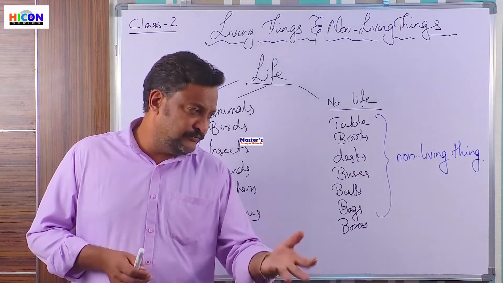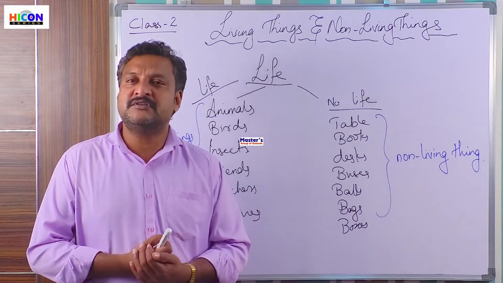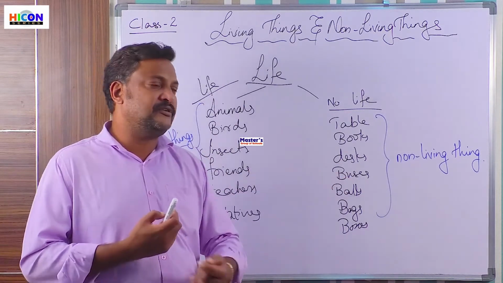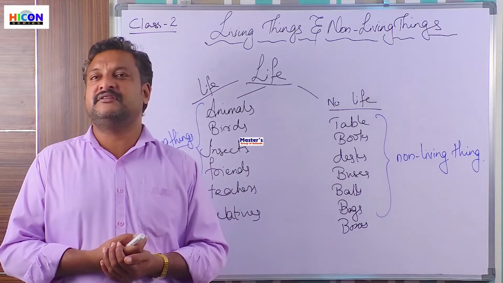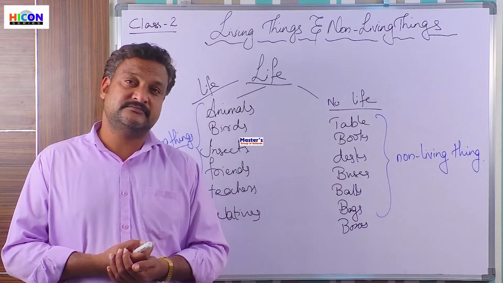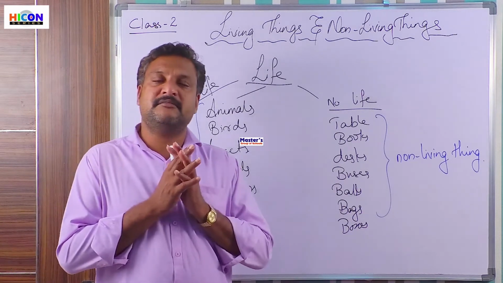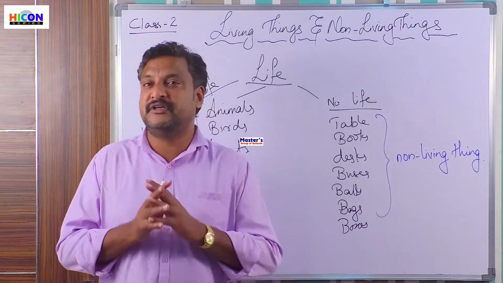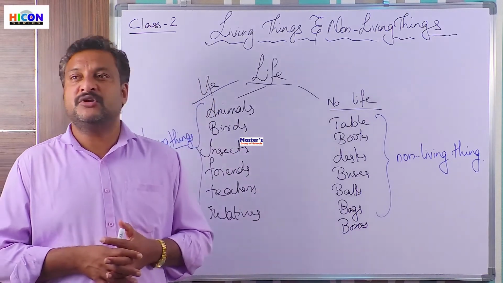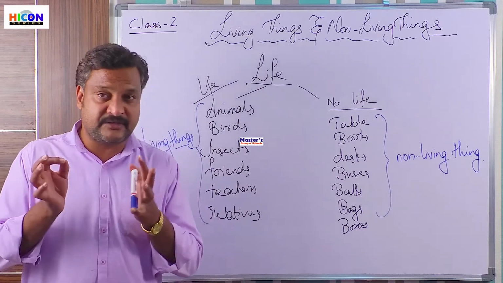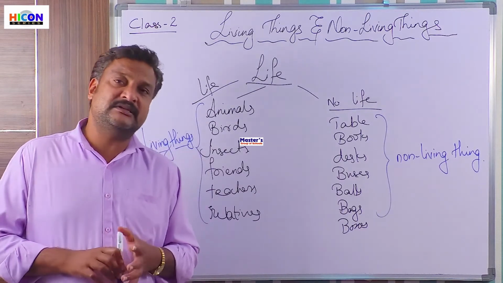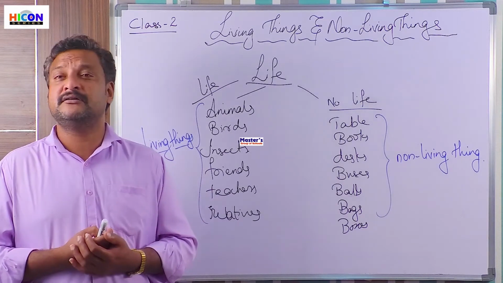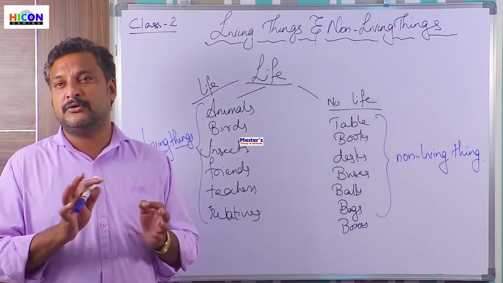If there is something in front of us, how is it possible for us to check whether that thing is a living thing or a non-living thing? Okay, there are some features which are common for all living things. Living things have some specific features, and based on that, we can identify whether the things that we have are living or non-living.